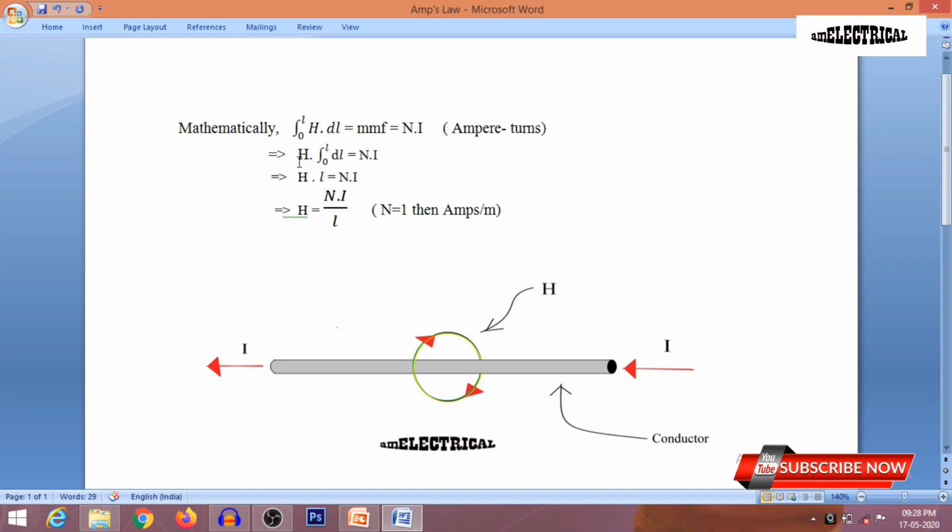Now as H is a constant, it will come out of the integration.